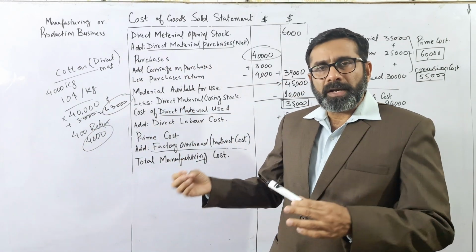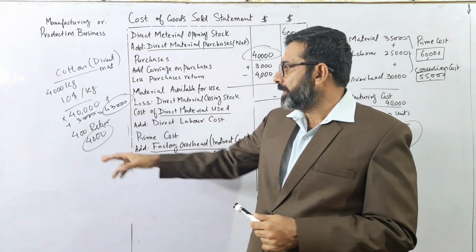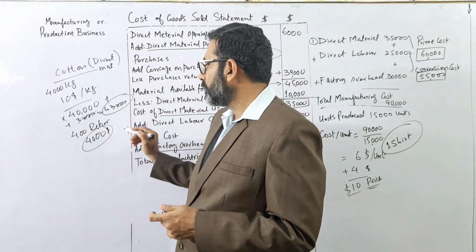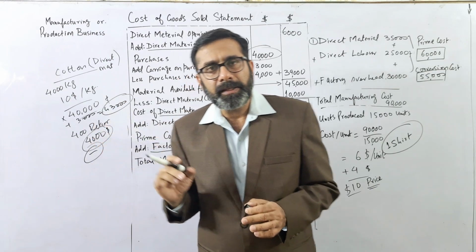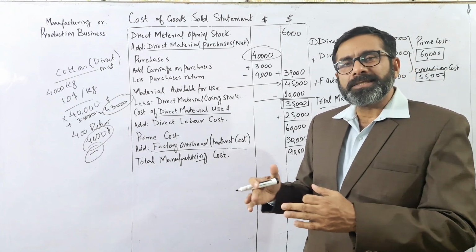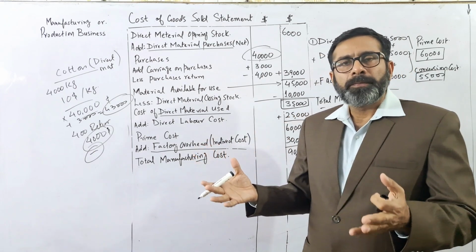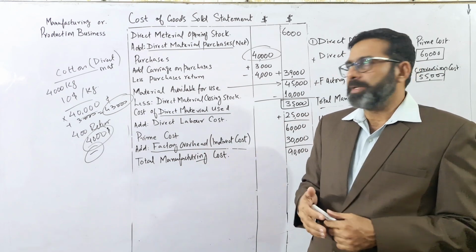43,000. But some of the cotton, some of the raw material or direct material they have returned, the value is how much? That is $4,000. So what we have to do? We have to minus it. If there is any freight or carriage or transport cost, it is increasing the cost of purchasing. It is increasing the cost of the material. But if they are returning, obviously it will be deducted.